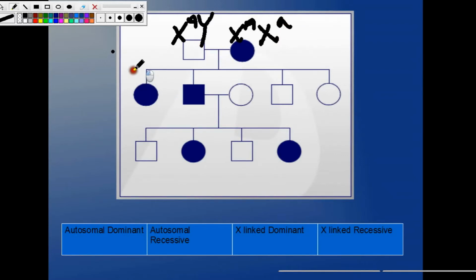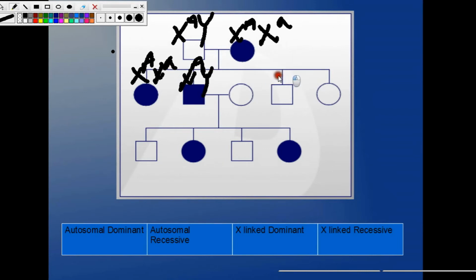Their daughter who does have the disease can get a big A from dad and then a little a from mom, and that'd be okay. That'd still show the disease phenotype. And their son would have to get his Y from his dad, and he could get the dominant trait from his mom, and that'd show the disease as well.